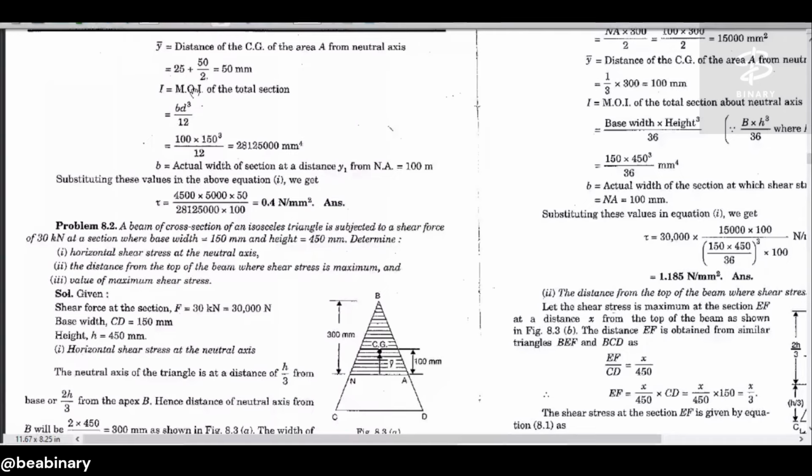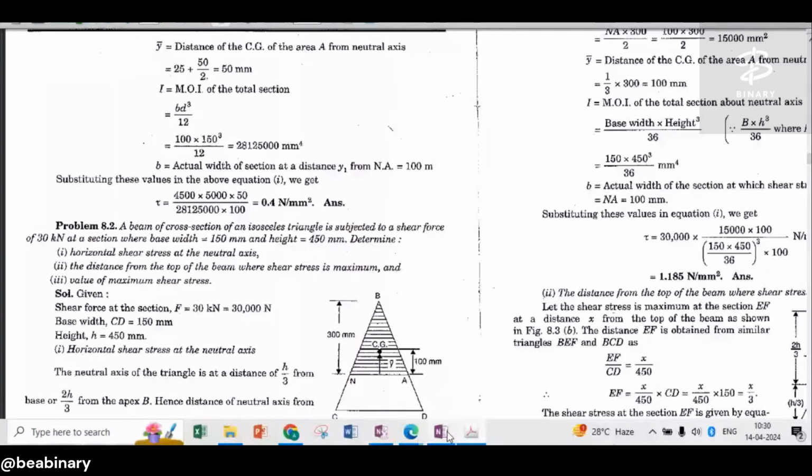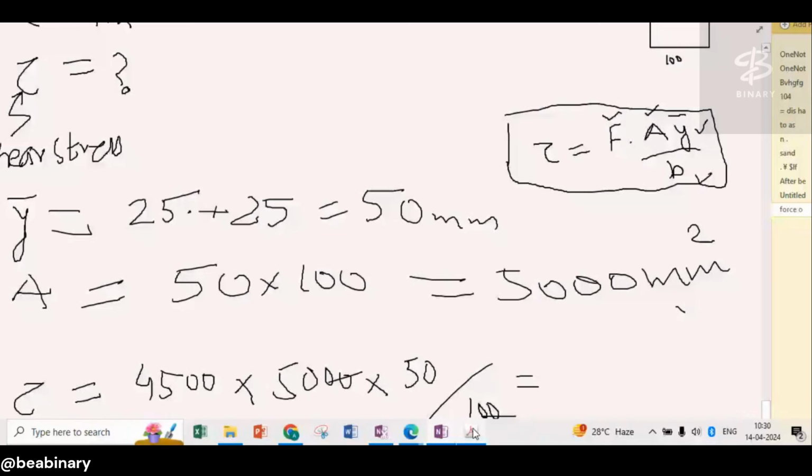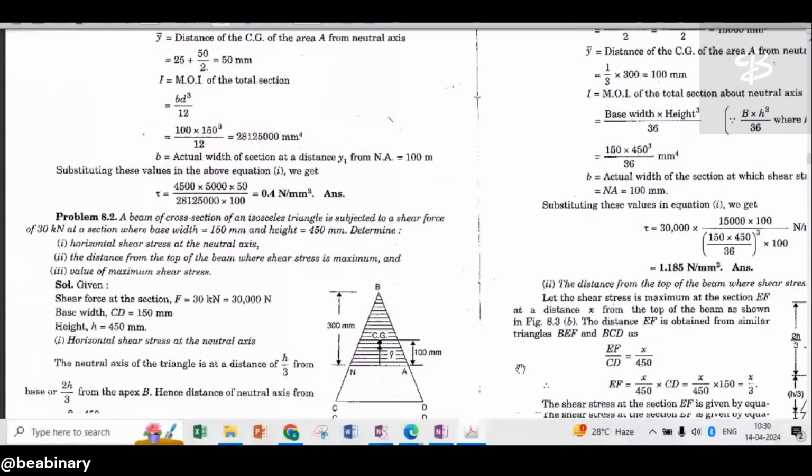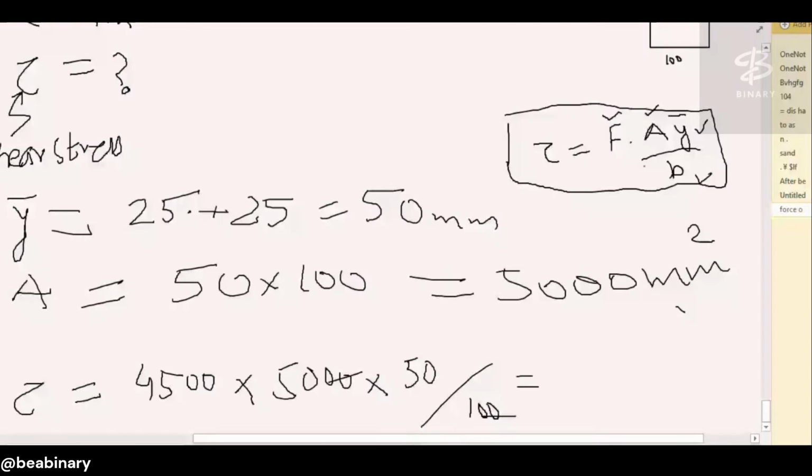इसमें I भी है और मैंने I स्किप कर दिया, ओके I भी है नीचे, हाँ I भी ऐड होगा क्वेश्चन में, यहाँ पर I भी है, इट्स मोमेंट ऑफ इनर्शिया. So moment of inertia we know is equals to b d³ upon 12.